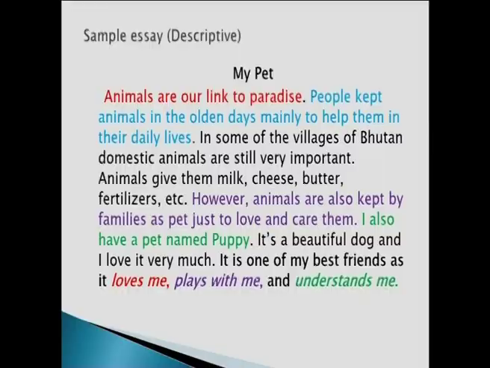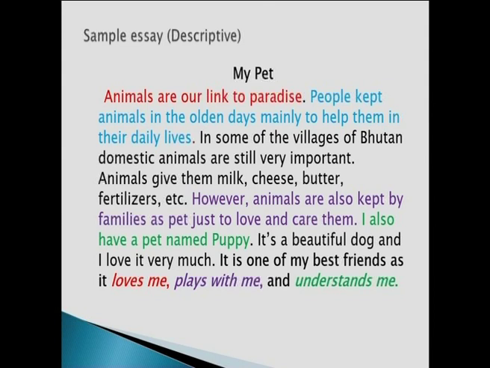But after writing however, look at what the sentence has to say. It says animals are also kept by families as pets just to love and care for them. So you see, just to love and care for them is talking about unconditional love. So people don't keep animals just to be benefited, but some people keep animals just to love and care for them.